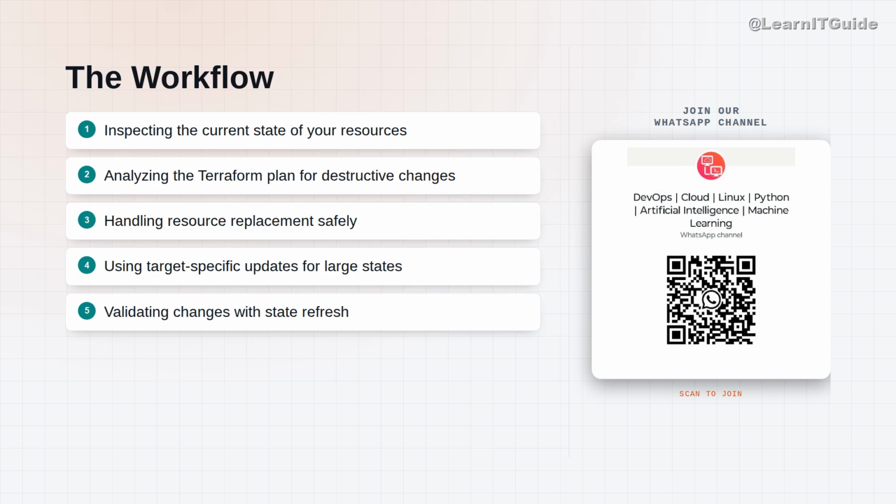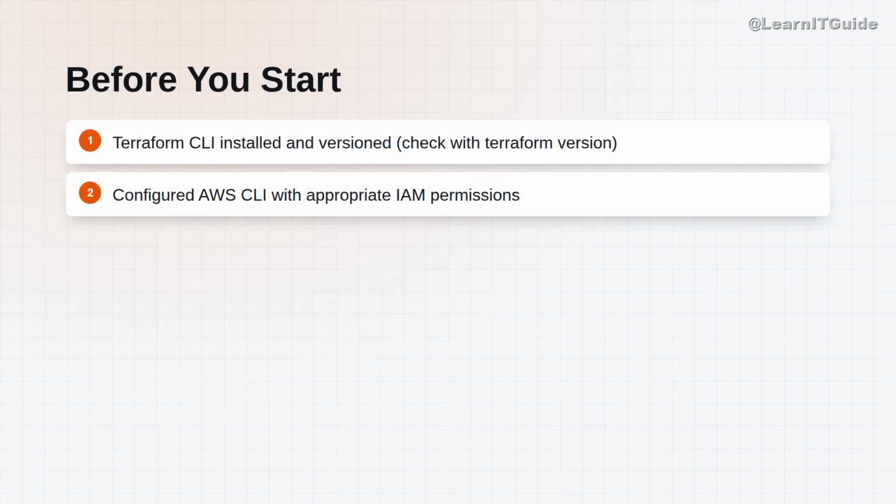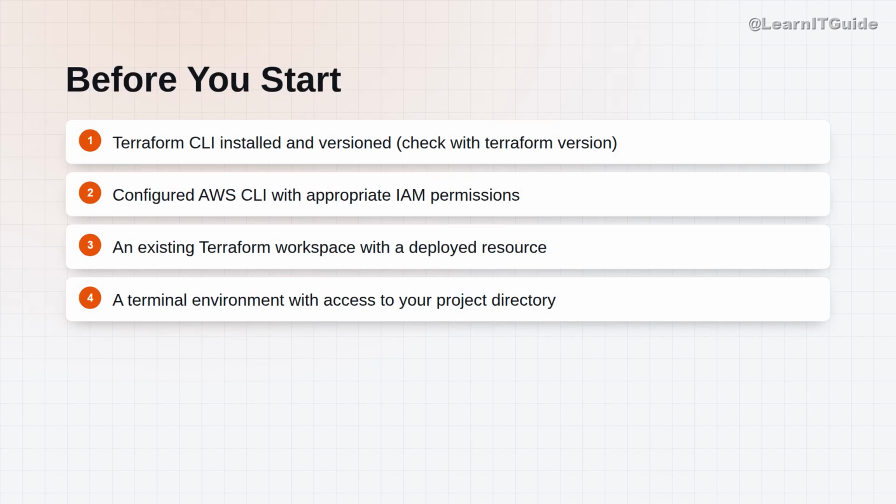Let us get started. To follow along, you need a few things. First, the Terraform command line tool. Terraform is an infrastructure as code tool that lets you define cloud resources in human-readable files. Check your version by running terraform version in your terminal. You also need the AWS command line interface configured with permissions that allow you to modify the specific resources you are testing.